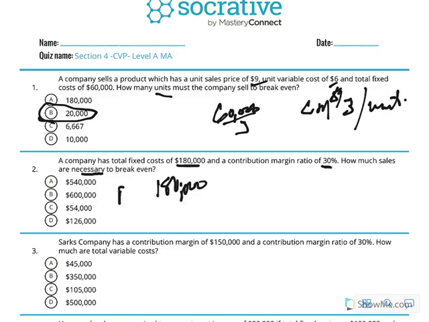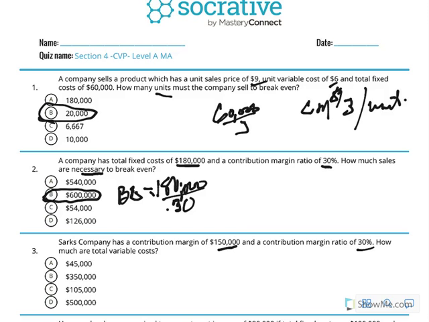Break even is equal to fixed costs divided by a contribution margin ratio, which is 0.3. And the answer here is $600,000.